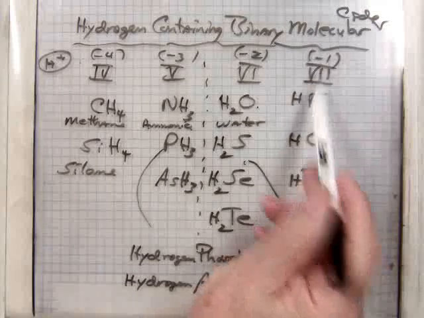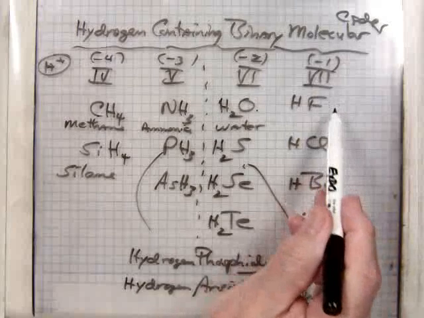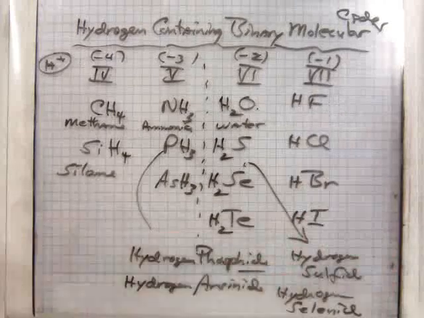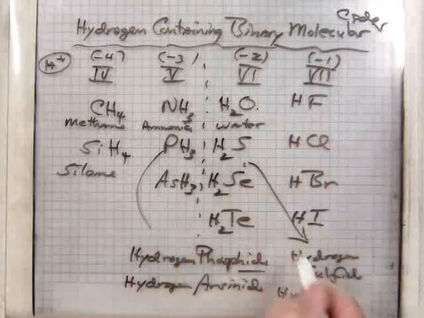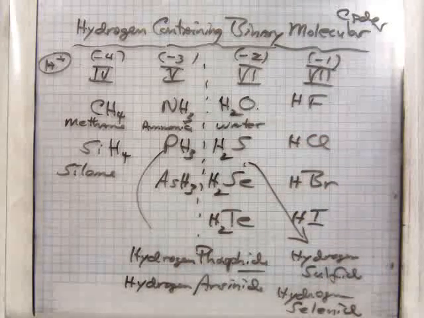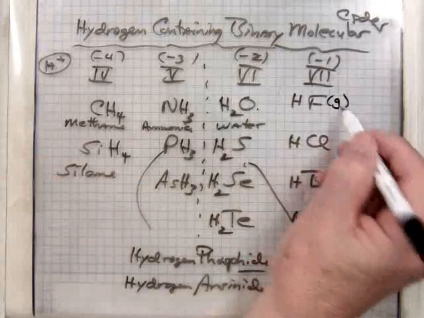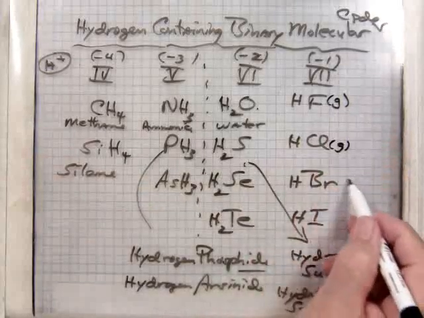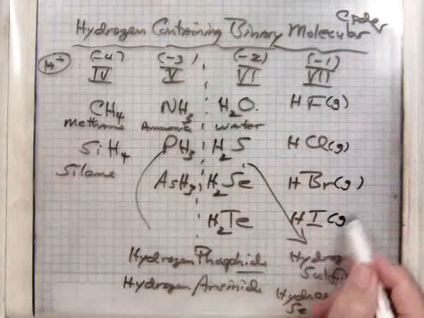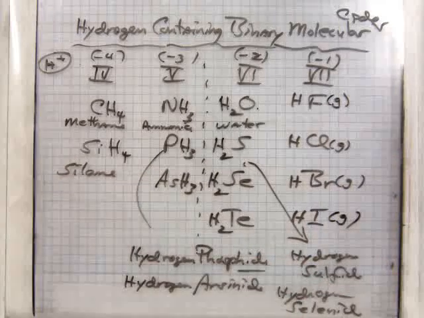Now, when you get to the hydrogen halides in general, there are 2 designations. Sometimes these are in water and sometimes they're not. If they're not in water, they will be gas phase. You'll see a G, and there are reactions that take place, and the byproduct of that reaction is one of the hydrogen halides.